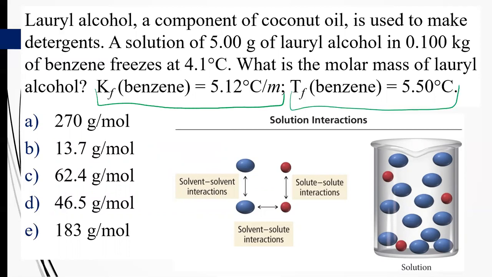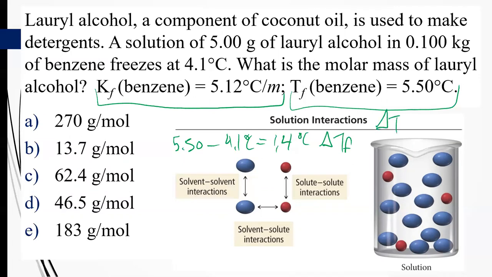So the first thing I'm going to do is find that difference in its freezing point. So 5.50 minus 4.1 gives me a difference of 1.4 for my delta TF. So I know that my freezing point was depressed by 1.4 degrees Celsius.